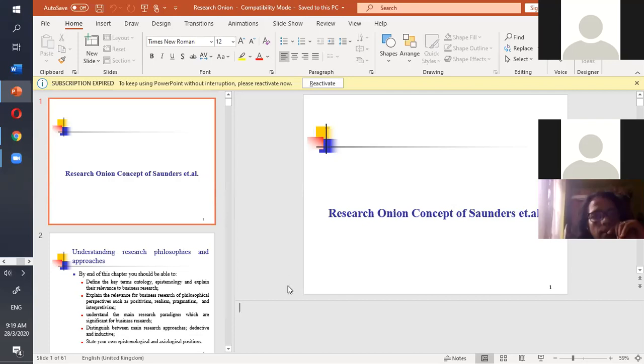So I will be today teaching you two different frameworks that we use to identify how to decide whether your research should be quantitative or qualitative.